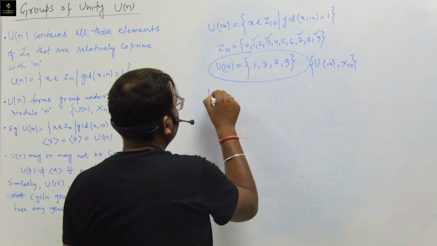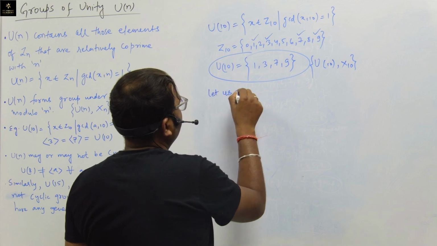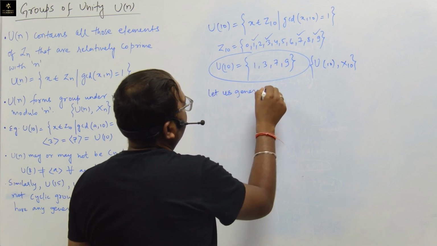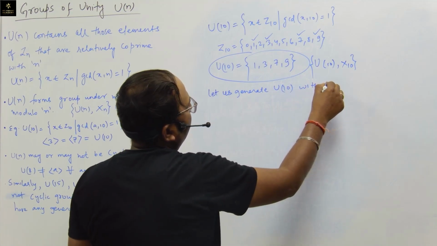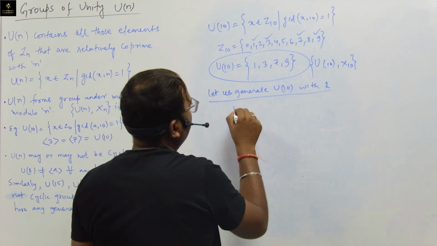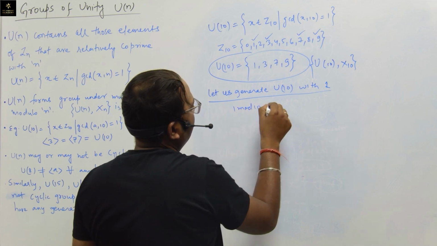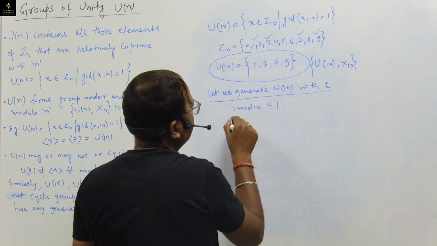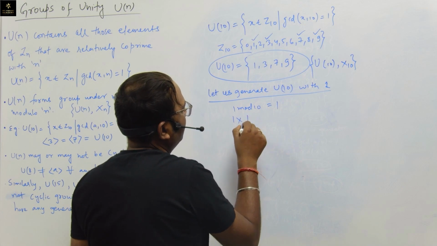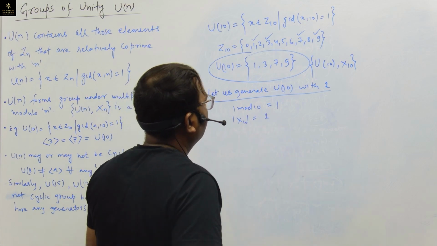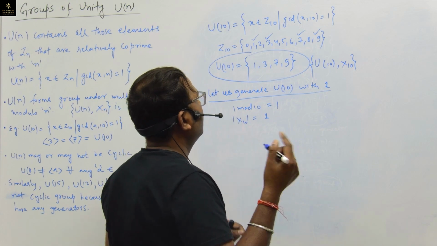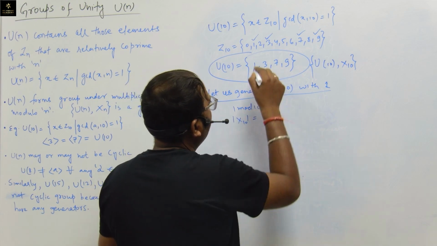Let us generate U10 with 1. 1 mod 10 is equal to 1. Now 1 cross 1 mod 10 is equal to 1. So 1 is generating only a single element, that is 1. So 1 will not be the generator.